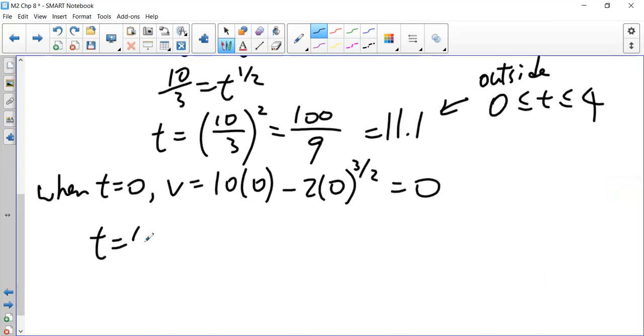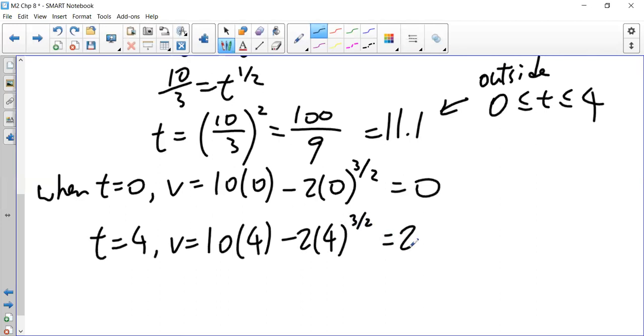When t equals 4, v equals 10 times 4 minus 2 times 4 to the power of 3 over 2, which is 24. Because the stationary point is t equals 11.1, we're happy to go with 24 because we have to be in the range of 0 to 4. That's the maximum speed, 24 meters per second.